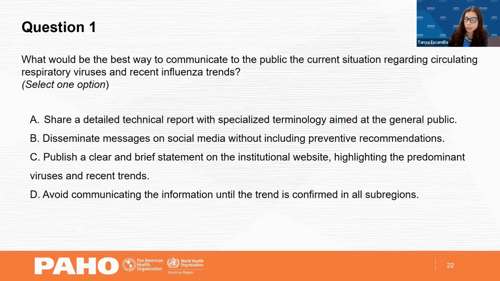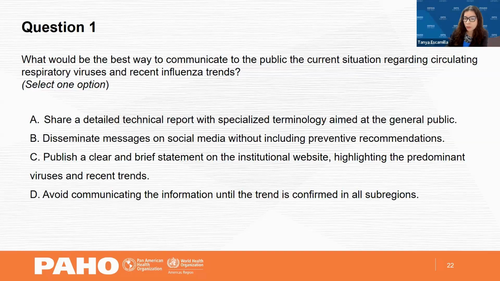So the first option is to define a technical profile with specialized terminology for the general public, and the second option is to include social media messages without including preventive information.